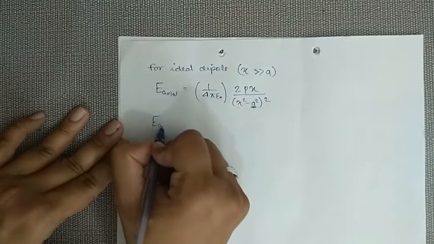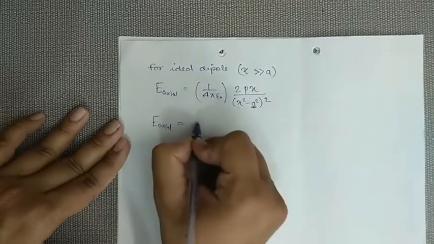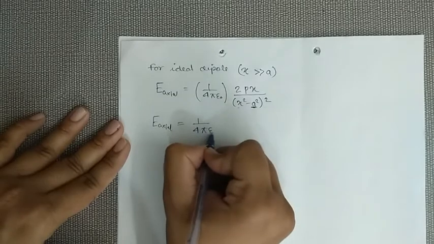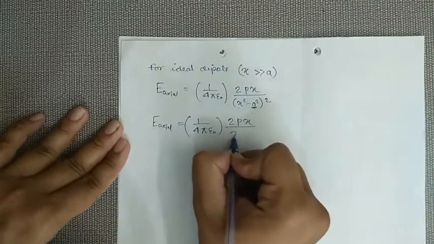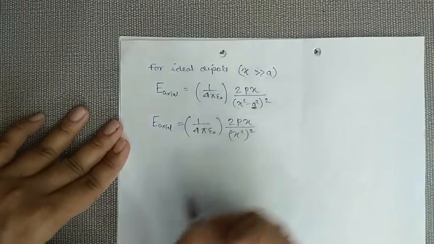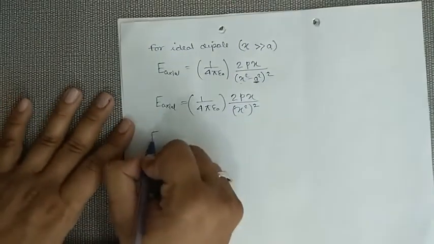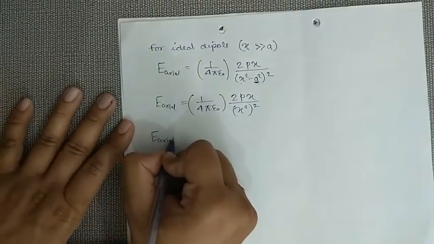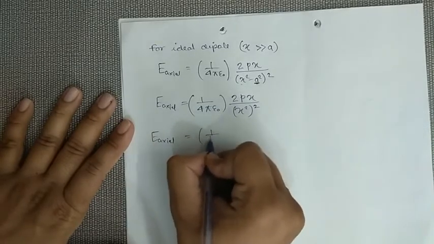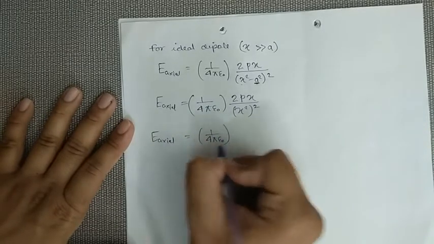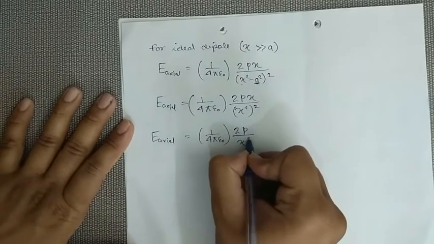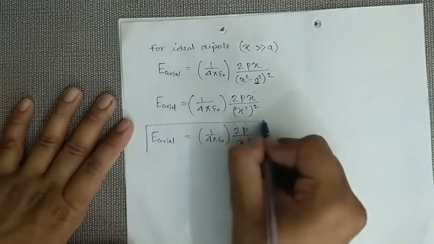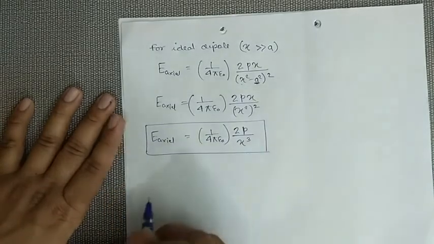So on neglecting this, we get two times of px upon x square whole square. On cancelling out, you will get 1 upon 4 pi epsilon naught times 2p upon x to the power 3. So this is the expression of electric field.